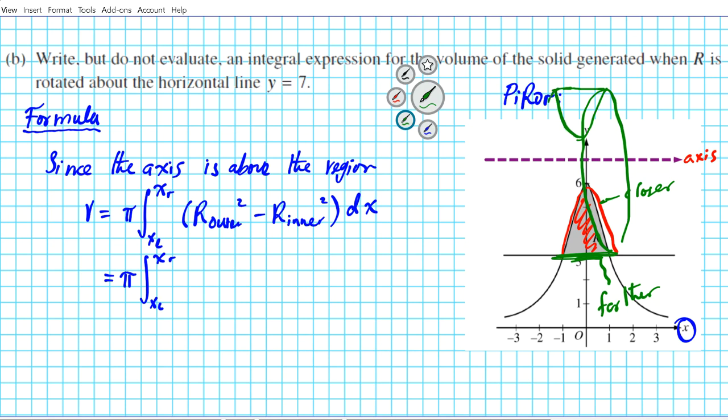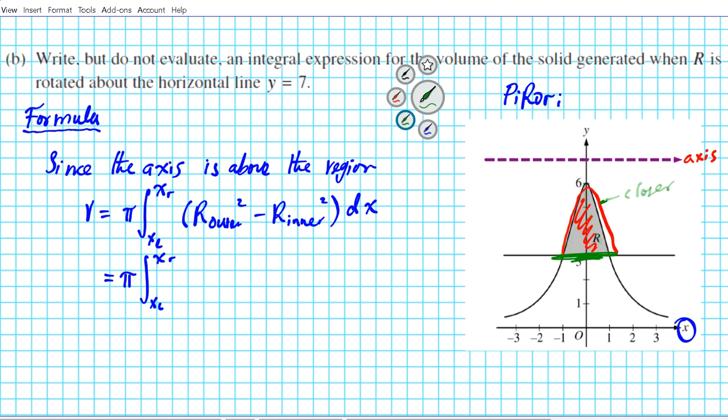It looks like a tire. The function that's further out is going to be your outer radius, and the closer function will form your inner radius right there. Okay, so that's basically the main idea.